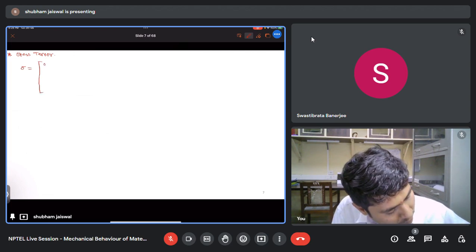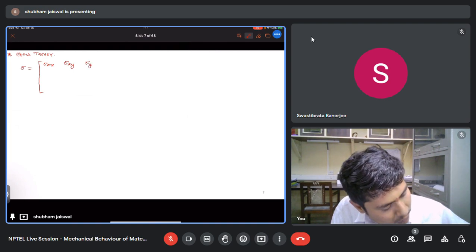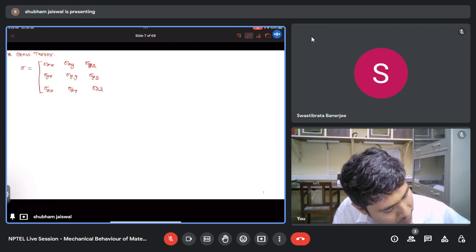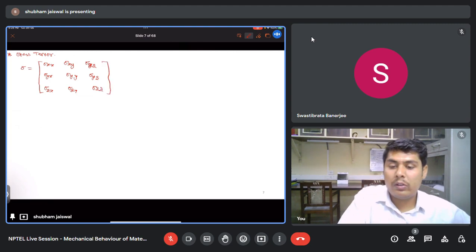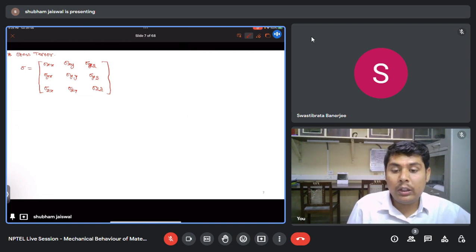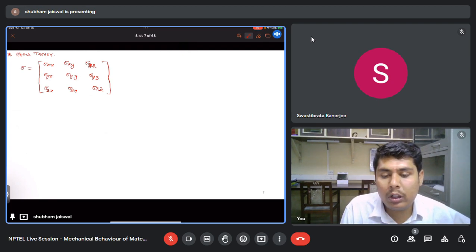That is sigma xx, sigma xy, sigma xz, sigma yx, sigma yy, sigma yz, sigma zx, sigma zy, and sigma zz. So if we see this stress tensor, what we can see is that it consists of 2 stresses. One is the hydrostatic stress, or we can call it mean stress, and the second one is the deviatoric stress.